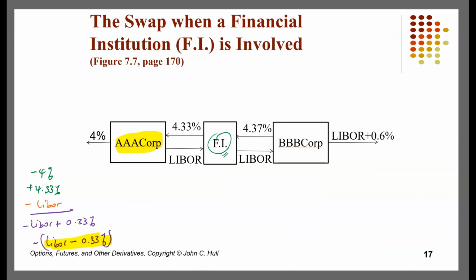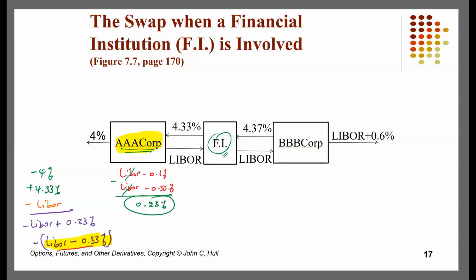We're quoted at LIBOR minus 0.1%, but we end up with the swap paying LIBOR minus 0.33%, and so that difference here is that the LIBOR cancel each other, and then it's going to be 0.23%. That's what AAA is saving by entering into a swap agreement with the organization. Now, 0.23% of a $10 million or $100 million notional amount, that's a huge amount.